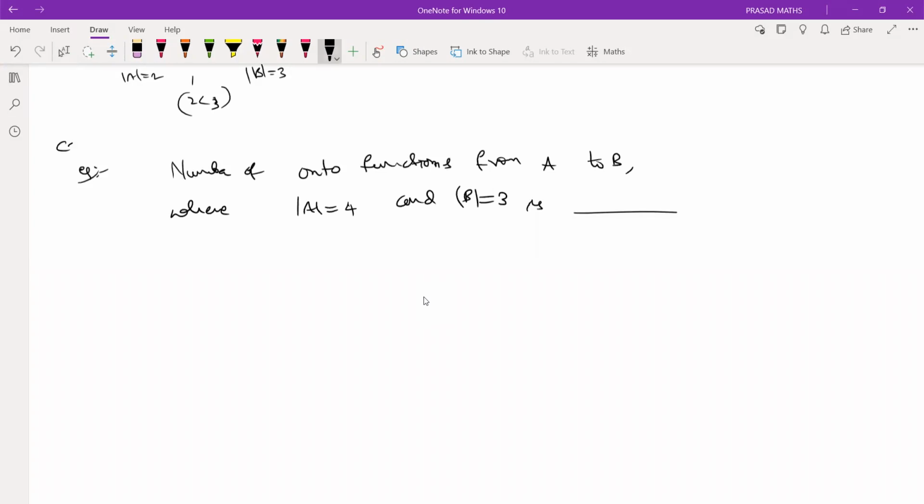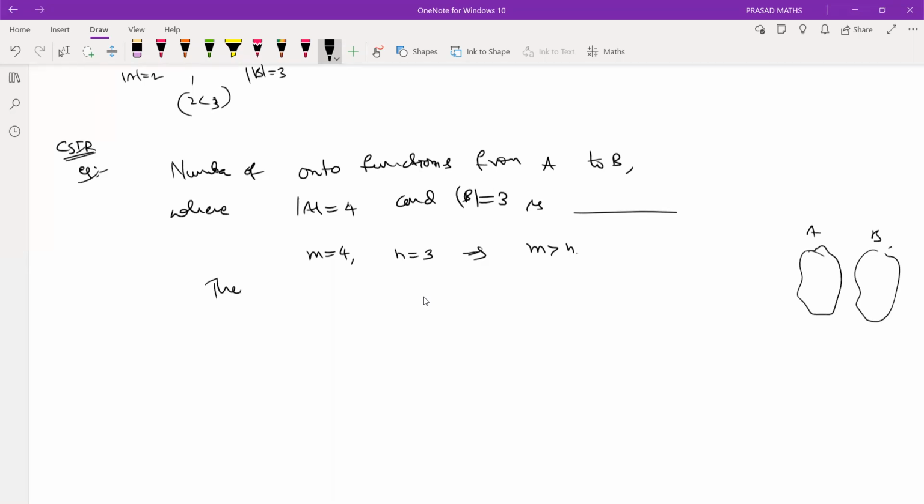Here M is equal to 4, N is equal to 3. Therefore, we observe that M is always bigger than N, so onto functions are possible. There exists an onto function from A to B because M is bigger than N.